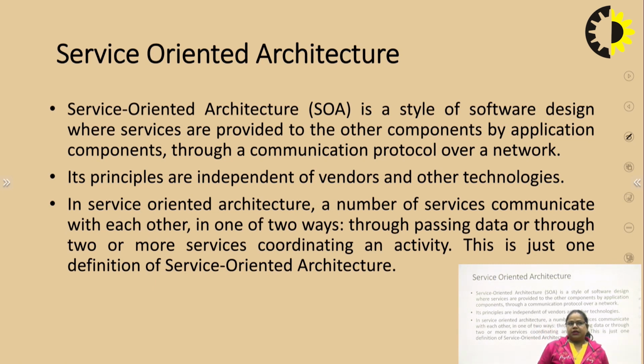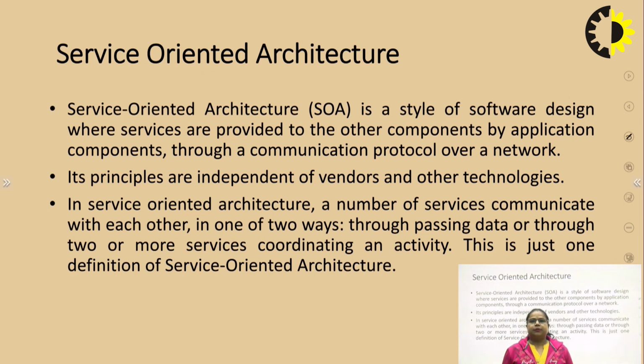As we all are aware, when I'm talking about network layered architecture, it also has the concept of layers. So in SOA, each and every service is provided to other components by the application components, right? Basically, here we have to create one communication protocol over the complete network so that we can satisfy the services for the clients.